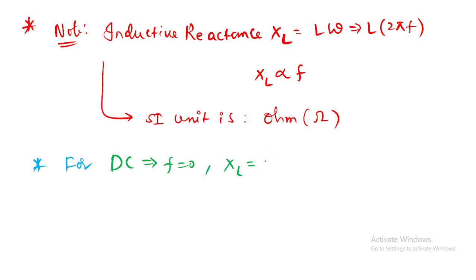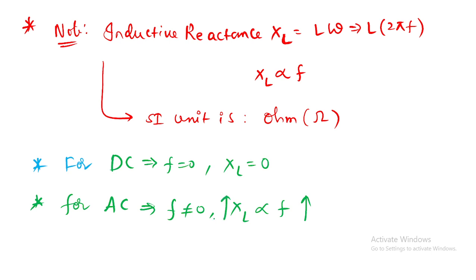XL will also be 0. Am I correct? Yes or no? Frequency 0, so this is also completely 0. But for AC, for alternating current, frequency will not be 0. So XL is directly proportional to frequency. As frequency increases, reactance also increases.